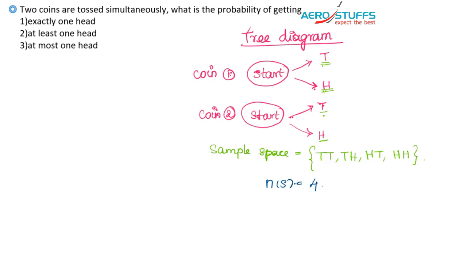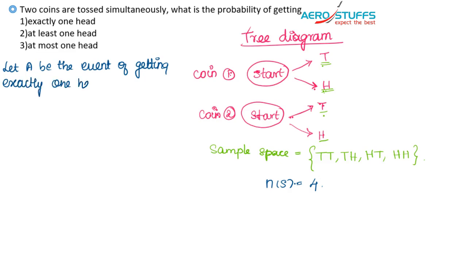Now let the event A be exactly 1 head. There should be only 1 head. Let event B denote at least 1 head, and event C denote at most 1 head. So let A be the event of getting exactly 1 head. So P of A is equal to, what are the options?